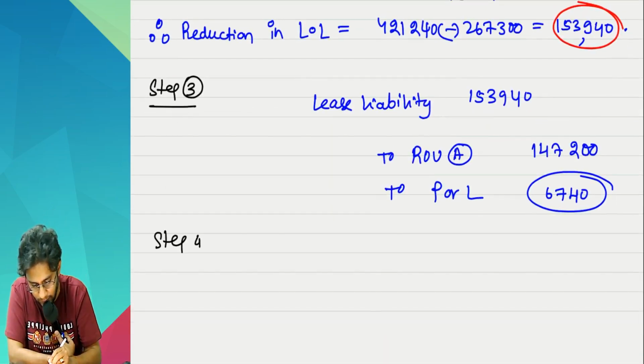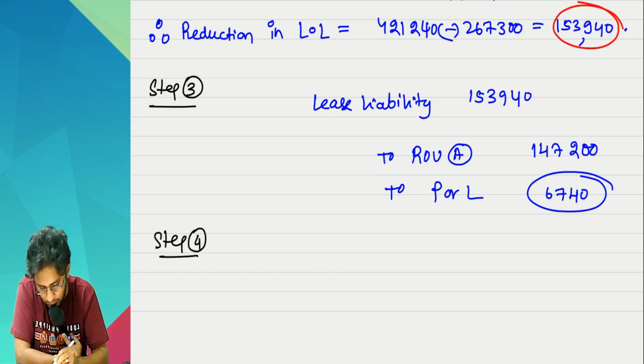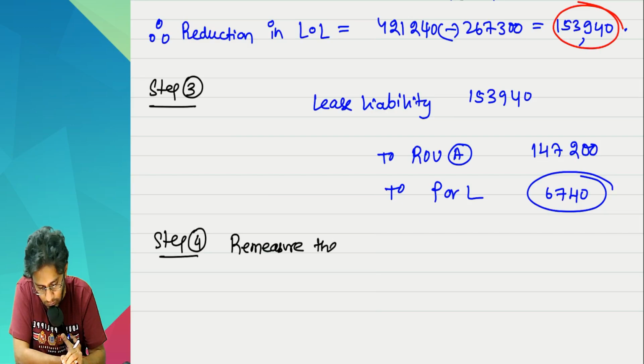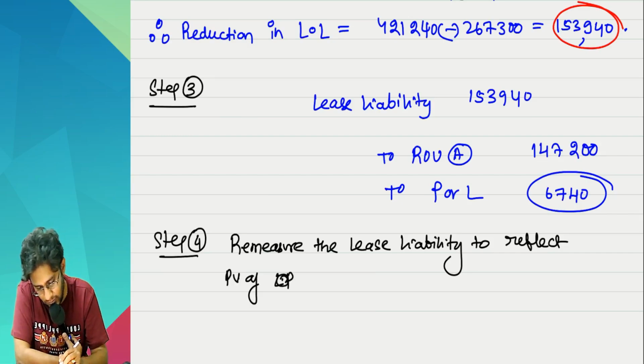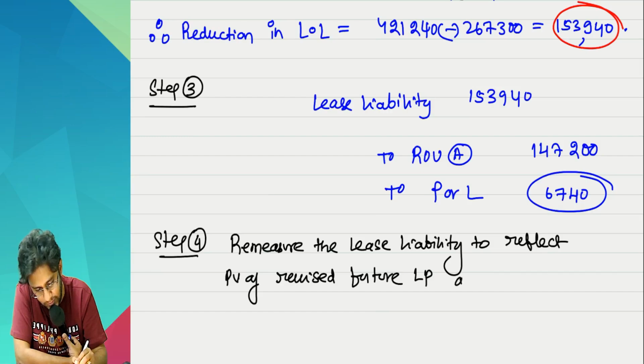Step number 4. Remeasure the lease liability to reflect the present value of revised future lease payments at the revised discounting rate.